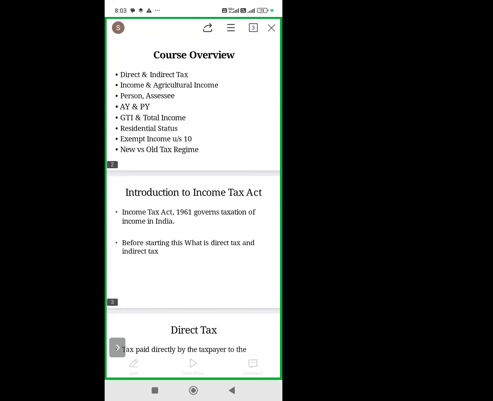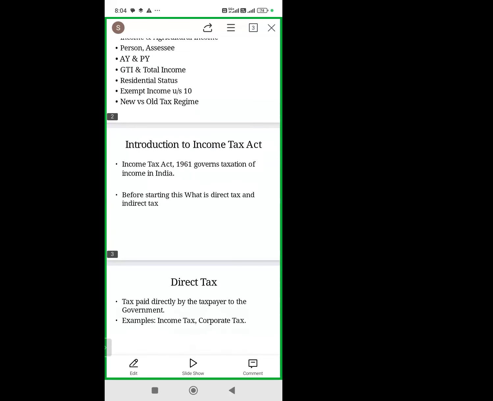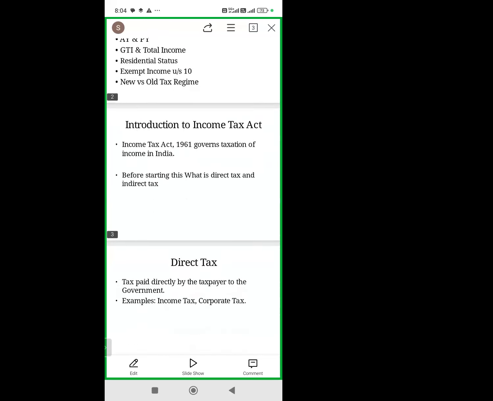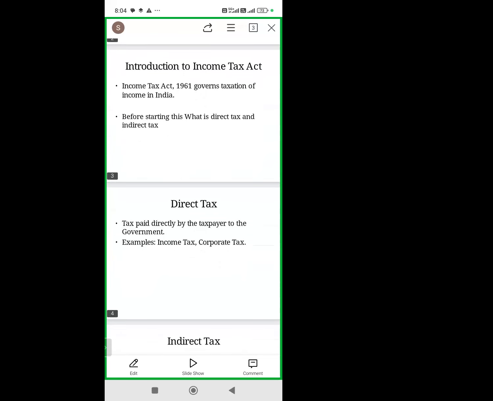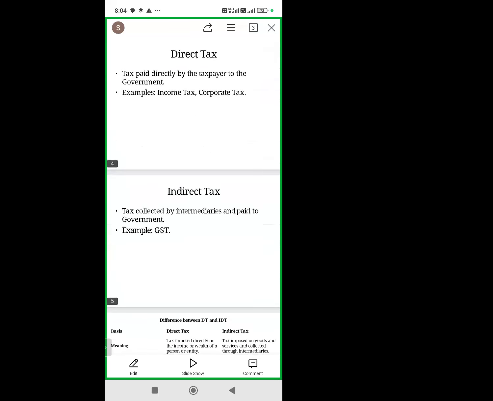Yesterday, we started our discussion on direct taxation. In that, we saw the difference between direct tax and indirect tax. Then, as per the income tax, what we term as the person, as an assessee, what is the previous year, what is the assessment year, what is income, which are the 5 heads of income, how to calculate gross total income, how to calculate taxable income.